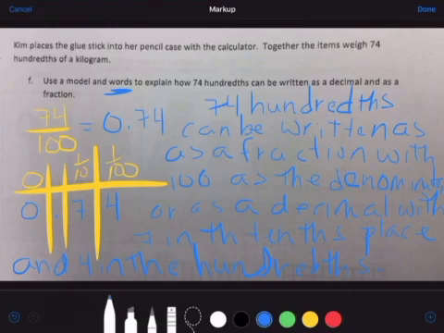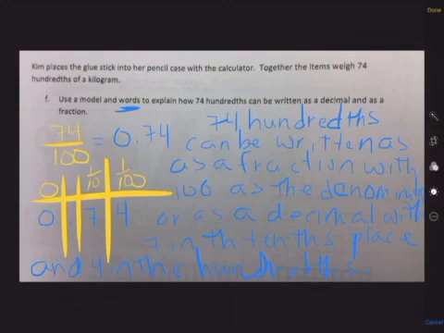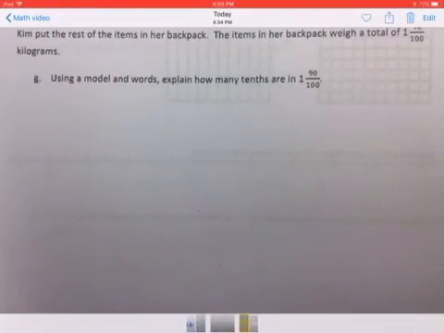So it's really important that you understand how it works, that this 7 is the same as this 7 over 10, and that then the 4 is the same as this 4 over the hundredths. Okay? And let's go to G. So that was F. Now we're on G.